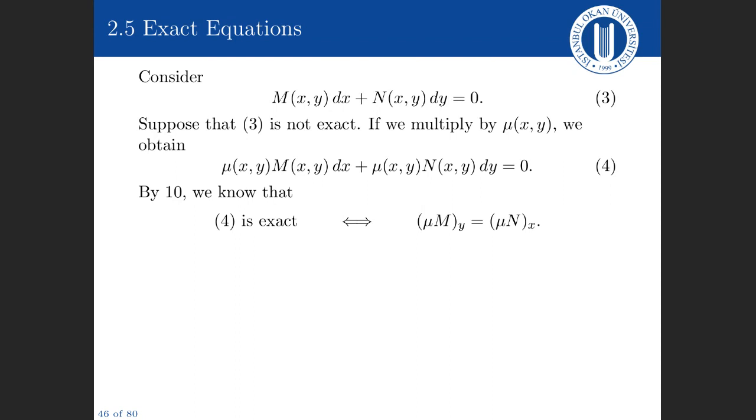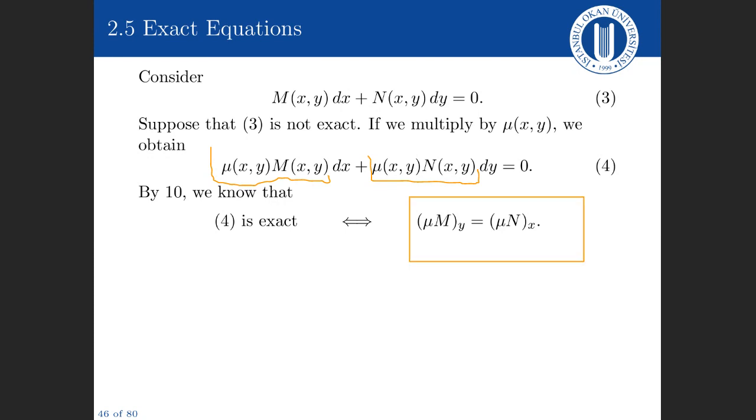By a theorem, we know that this new equation is exact if and only if the y derivative of mu M is the same as the x derivative of mu N.